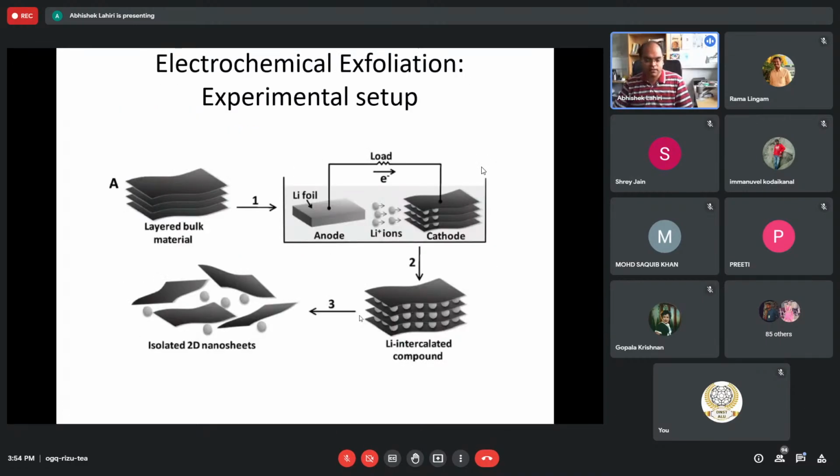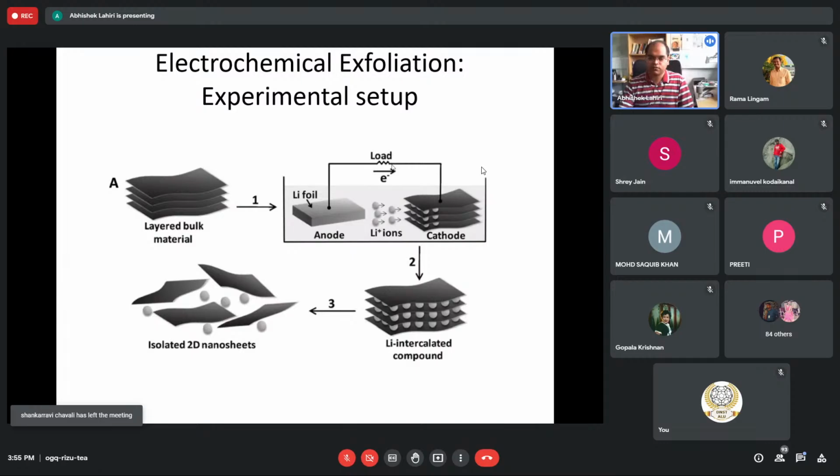So this is the basic experimental setup for electrochemical exfoliation. You have your layered material, you make it a cathode or an anode. In this case, we have the material as the cathode. Lithium foil is the anode.